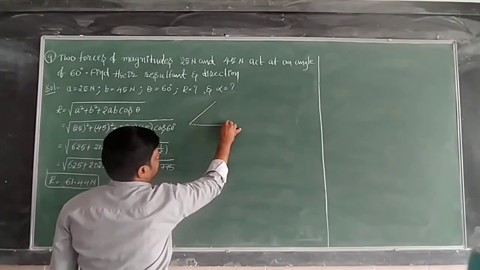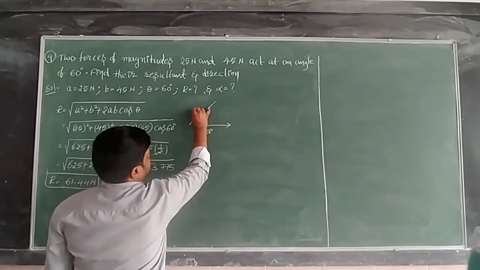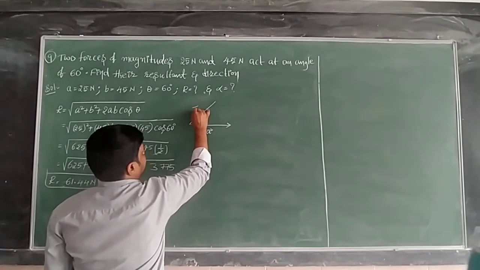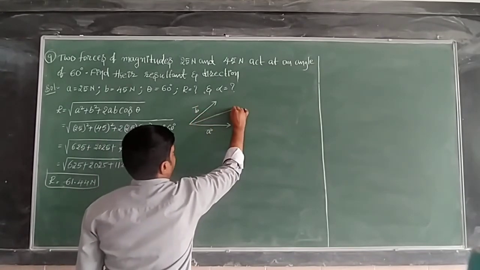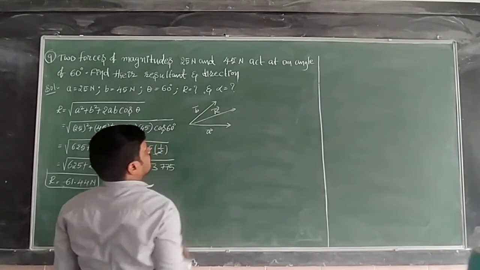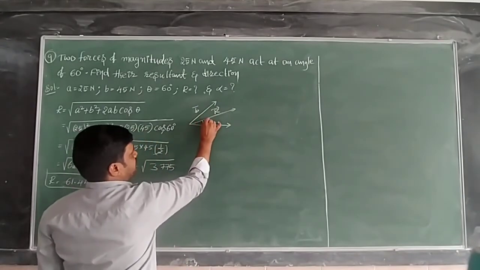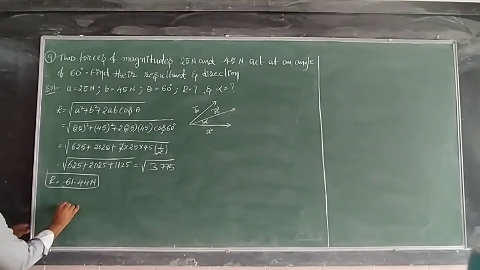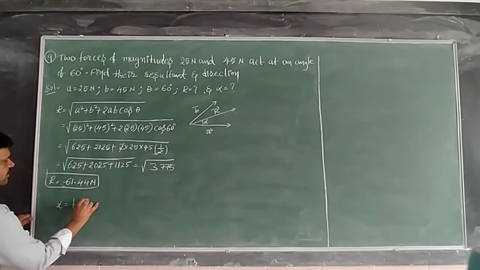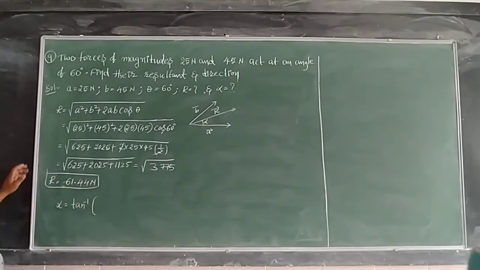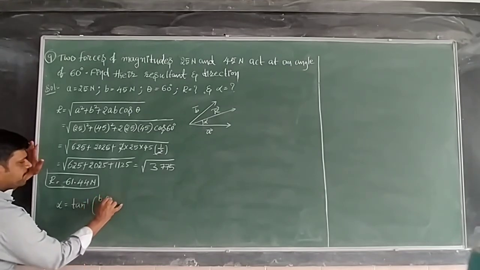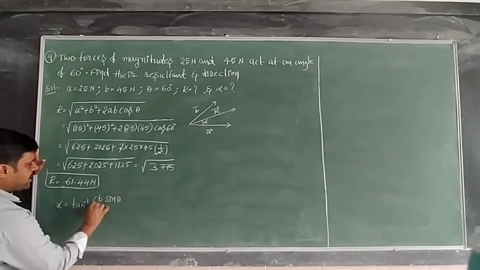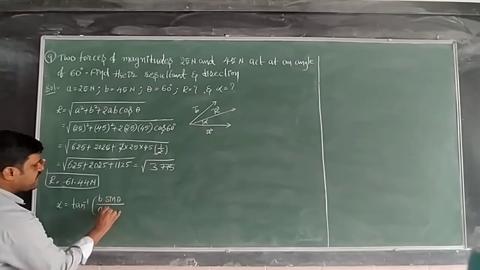Now this is the A force, and this is the B force. The resultant of these two forces is R. Suppose we want the angle between the resultant force and A, that is alpha, equal to tan inverse of B sin theta divided by A plus B cos theta.